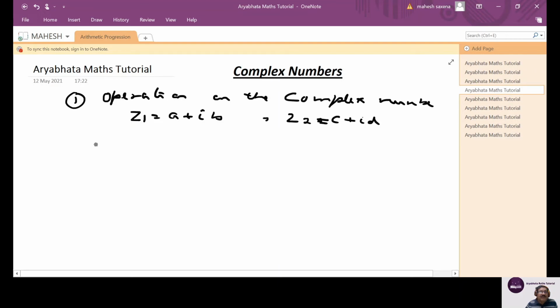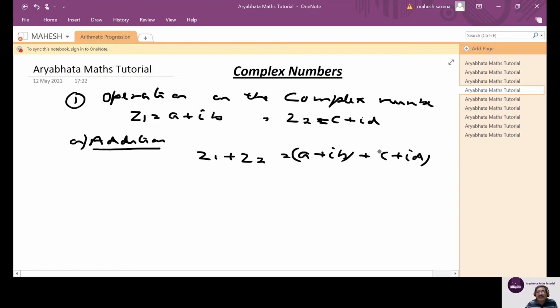So first will be the addition. Z1 plus Z2 is equal to a plus ib plus c plus id, that is a plus c plus i common, b plus d.